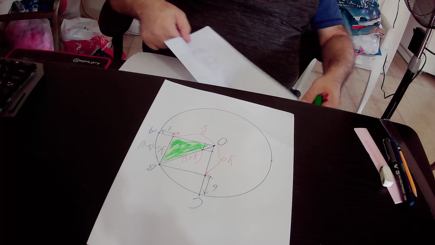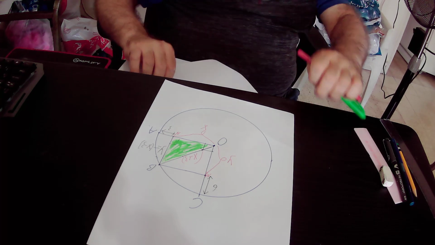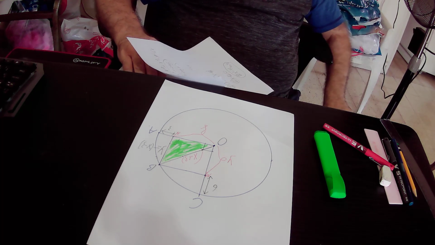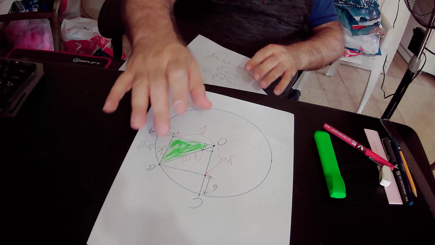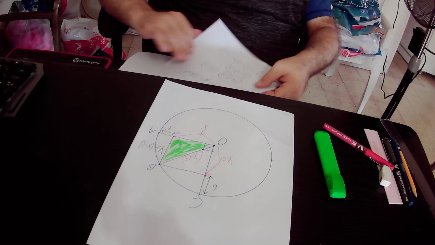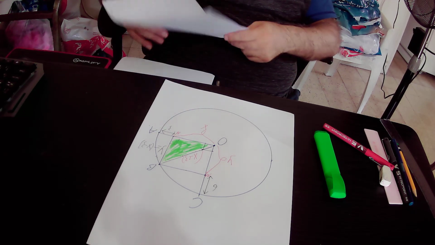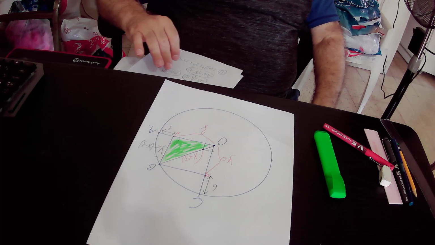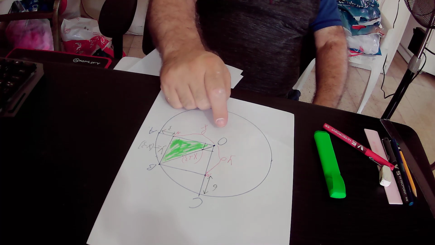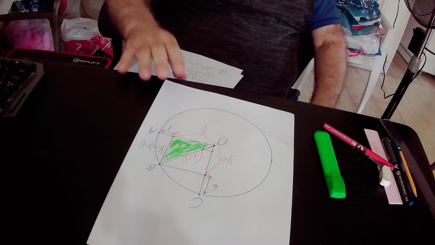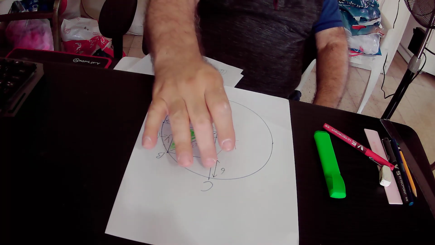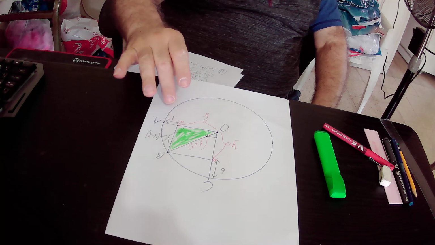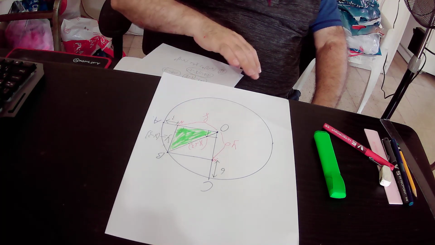Okay, now I will summarize the lecture. Actually, we wanted to find out the radius of this circle. Inside the circle we have a rectangle, and the center of this circle is at point O. This line segment equals 6 units, and this line segment equals 3 units.